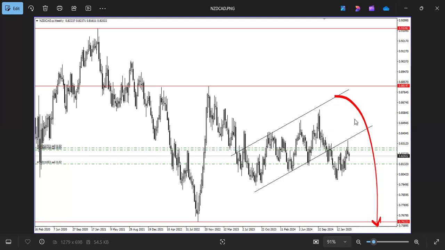I'll ignore all buying opportunities, and if price comes back into this zone, I'll be looking for more entries, this time with bigger lot sizes, because I don't think that price will be able to break this key level or close above it. So let's see how they play out in the remaining part of this month, next month, as well as the remaining part of this year.